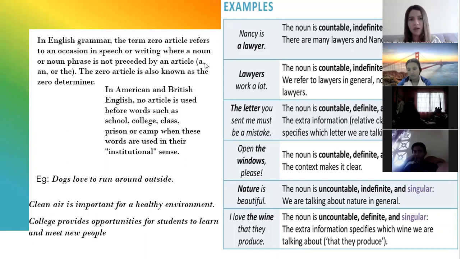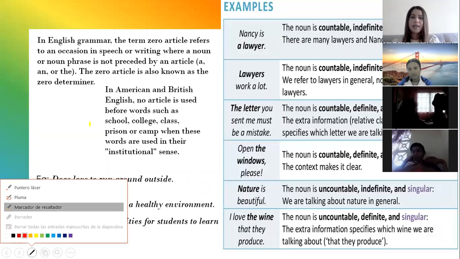The articles are a or an, and the. The zero article is also known as the zero determiner. In American and British English, no article is used before words such as school, for example.